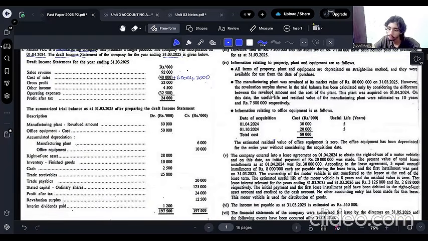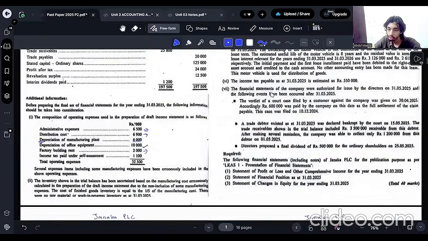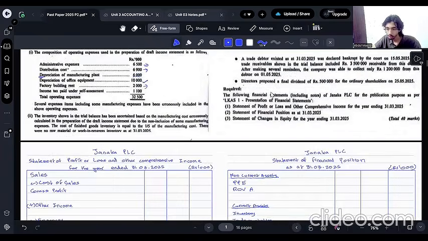Therefore, that also should be added to cost of sale. Then income tax paid. You will not record it under the operating expense, not under admin or distribution. That we'll calculate later. So the first adjustments are done.